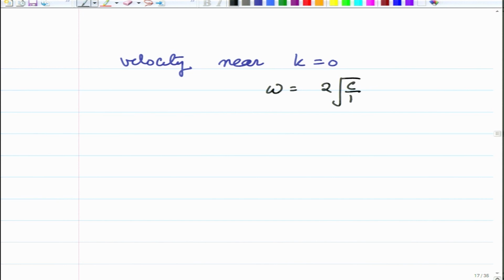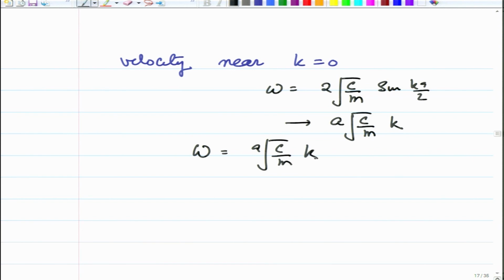Let us now understand the velocity near k equals 0. Near k equals 0, we saw that omega is equal to 2 root c over m sine Ka by 2, and it goes to a root c over m times k. K tending to 0 means 2 pi over lambda tends to 0, or lambda tends to infinity.